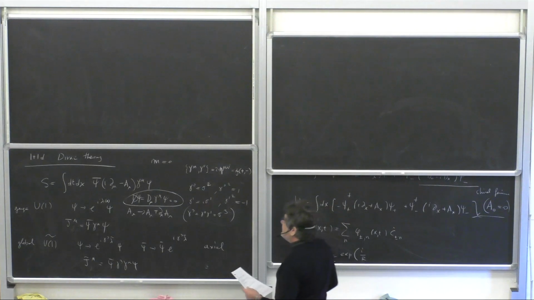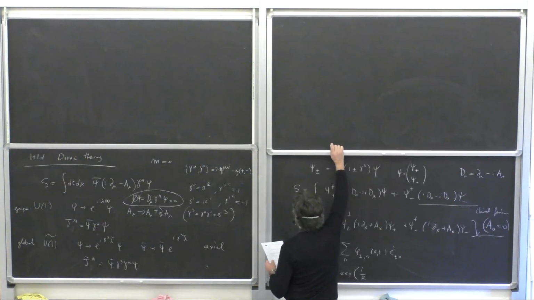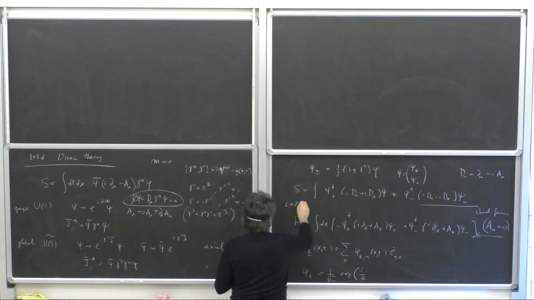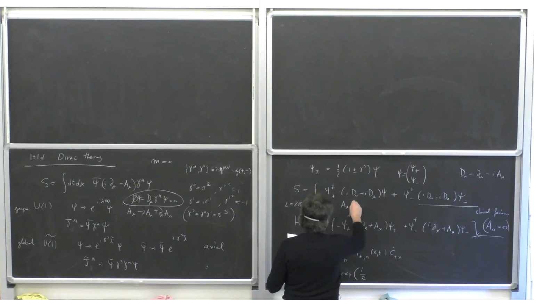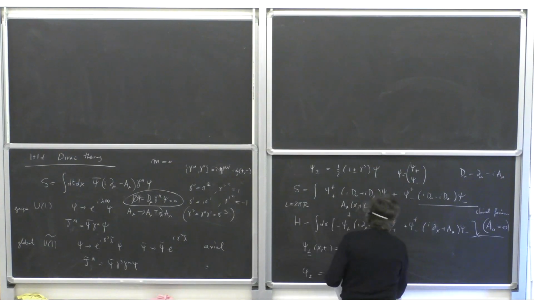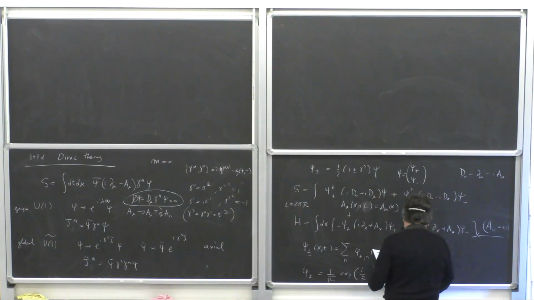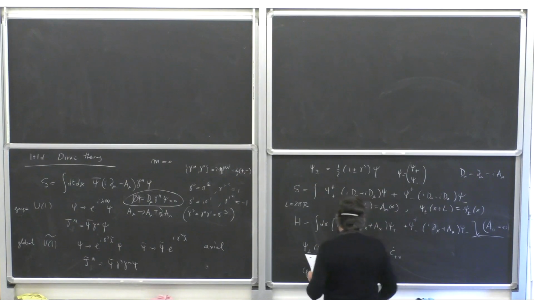Let me put the length with periodic and anti-periodic boundary conditions. I put the length 2 pi r, which will be convenient later, and so the gauge field is periodic and the fermion is antiperiodic, as before.